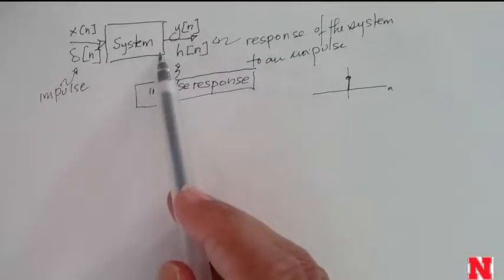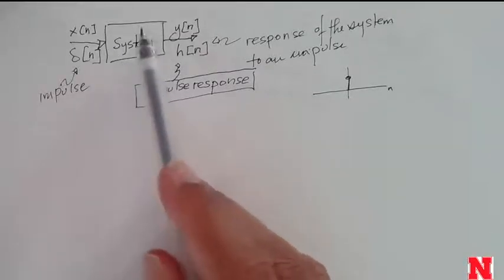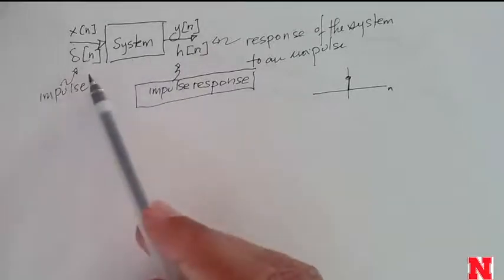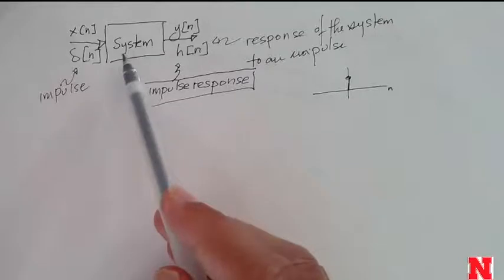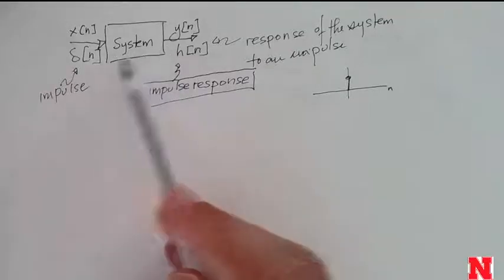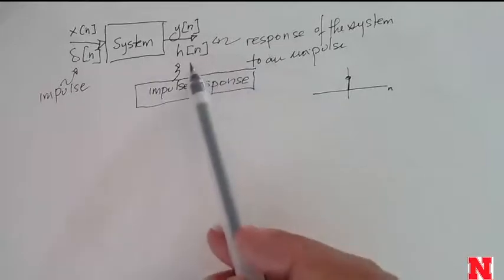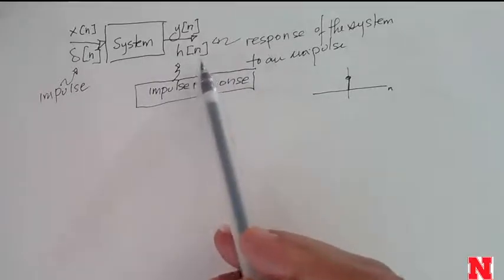I can characterize that system completely. I can tell you what the output of the system is going to be for any given input. I can tell you if the system is causal, whether it's memoryless, whether it's stable. All of that information is contained in this one little thing, the impulse response.